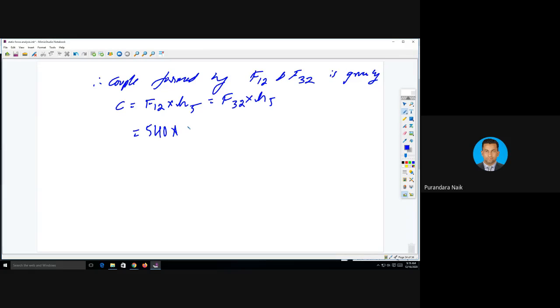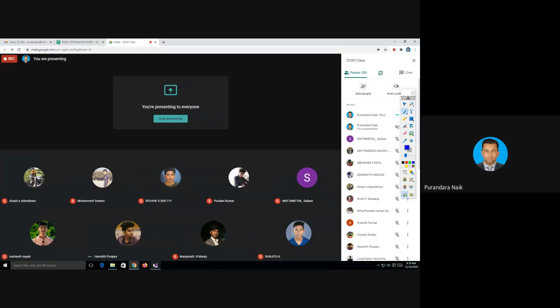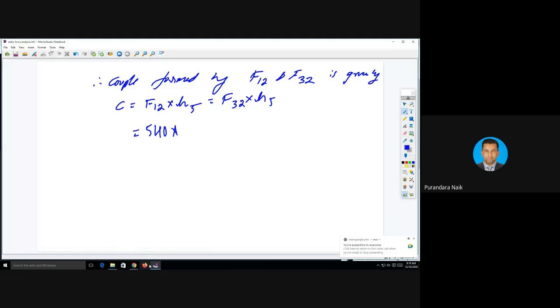Into, what is the value of H? Can anyone answer the H value? Please.